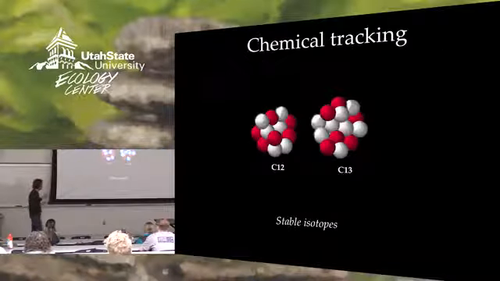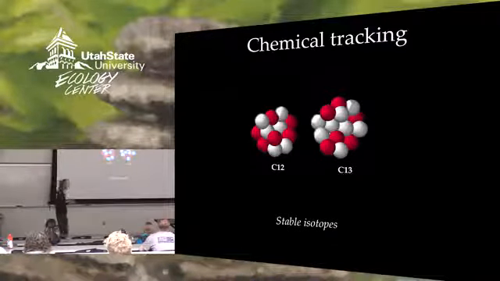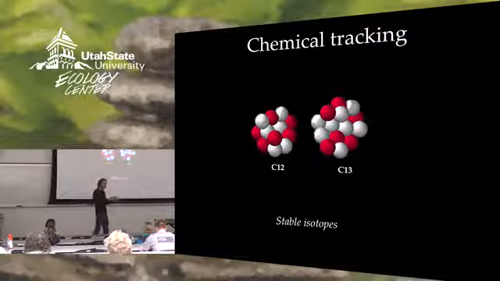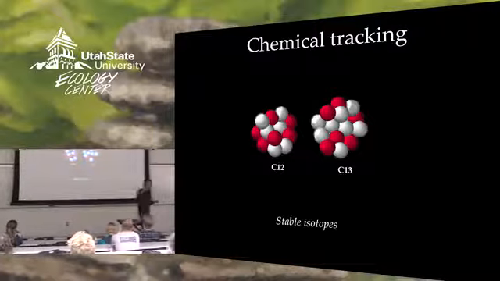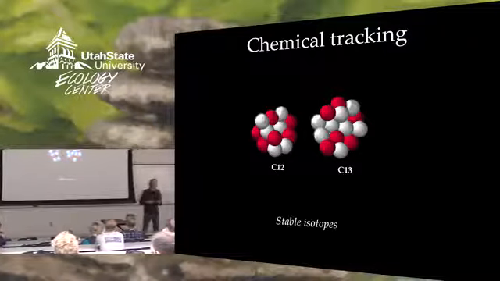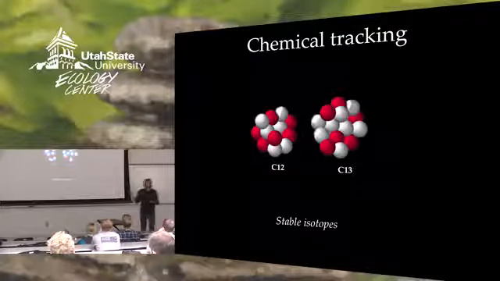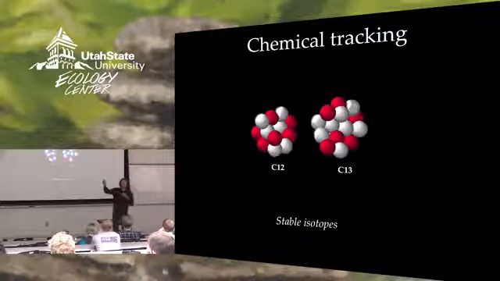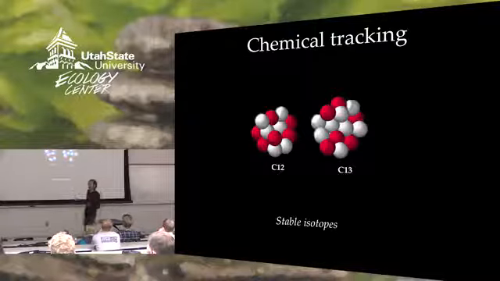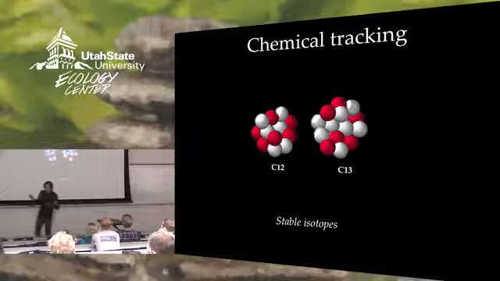A quick sampling of the kinds of tools that can get us into those worlds and get us some of the answers we need back from these systems. One that we'll rely relatively heavily on in a couple of these science stories are stable isotopes. Grabbing a piece of tissue from that manta ray as it comes by. You feel like a jerk when you do biopsy a manta ray, but it's for the greater good of science.